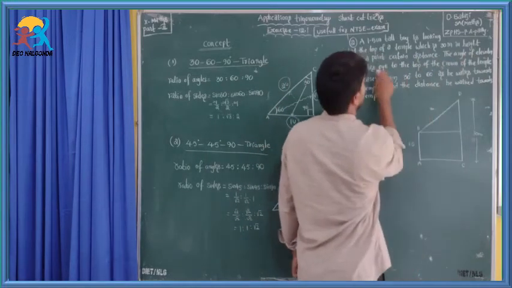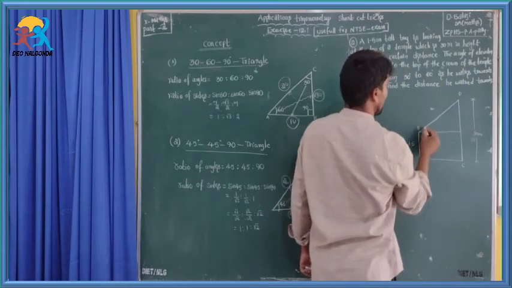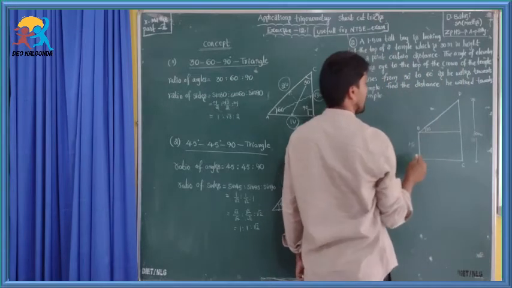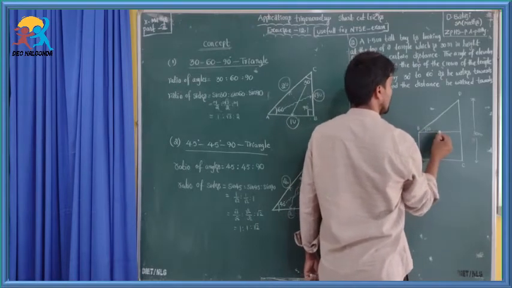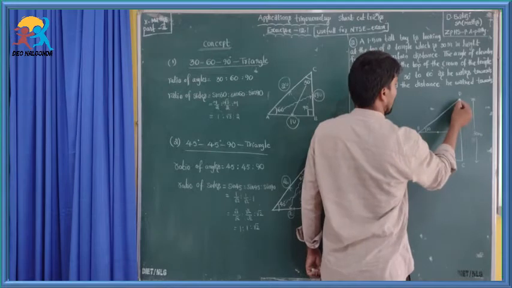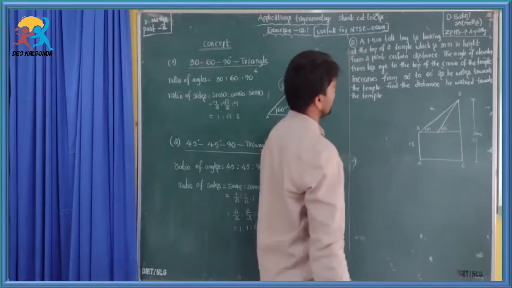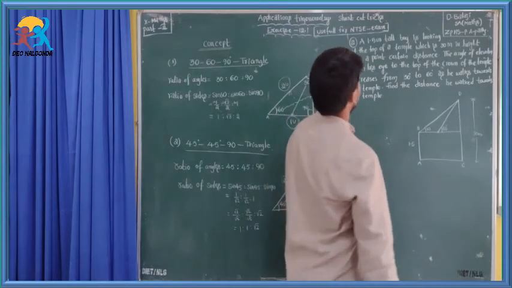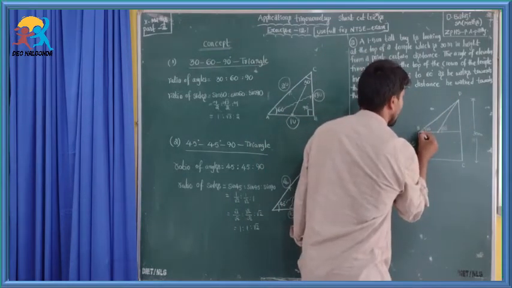The angle of elevation from his eye to the top of the temple changes from 30 to 60. First the angle is 30. When he moves some distance from B, the angle of elevation changes from 30 to 60. So what do we have to find? Find the distance he walked. So we have to find this distance.